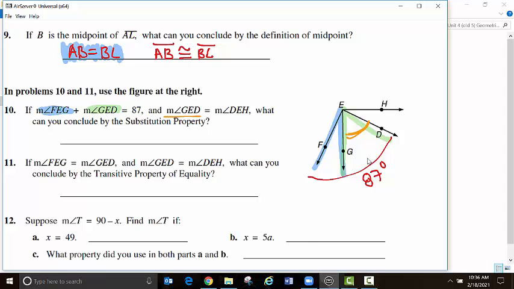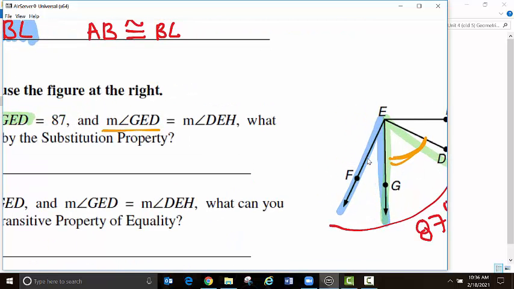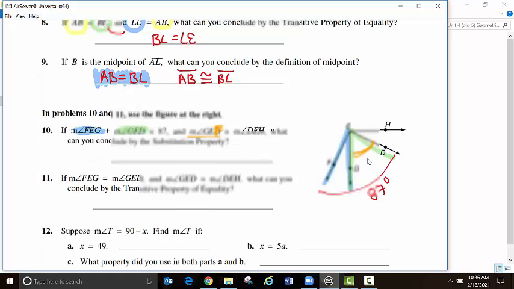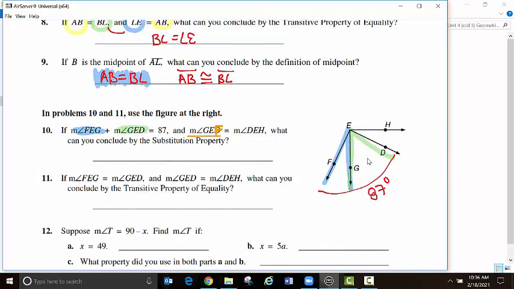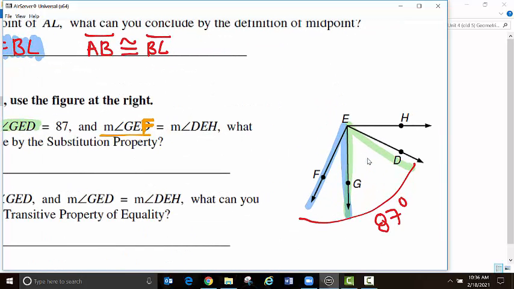Awesome. This should say that GEF right here. Okay, change that. Sorry, it's what happens when I don't use my own notes. GEF, and I literally put my finger on it to figure out which one it is. GEF is the same size as DEH.